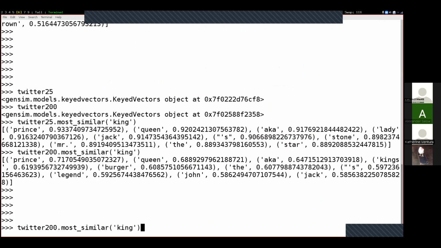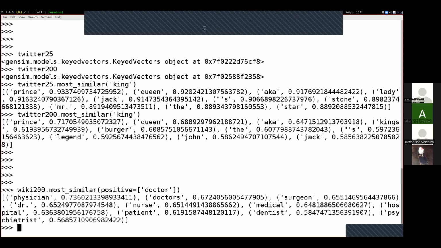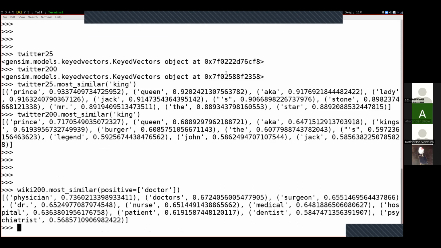So if I come down here and use the model trained on Wikipedia, and look at most similar: what's the most similar word to doctor? We get things you might expect: physician, doctors, surgeon, and so on.